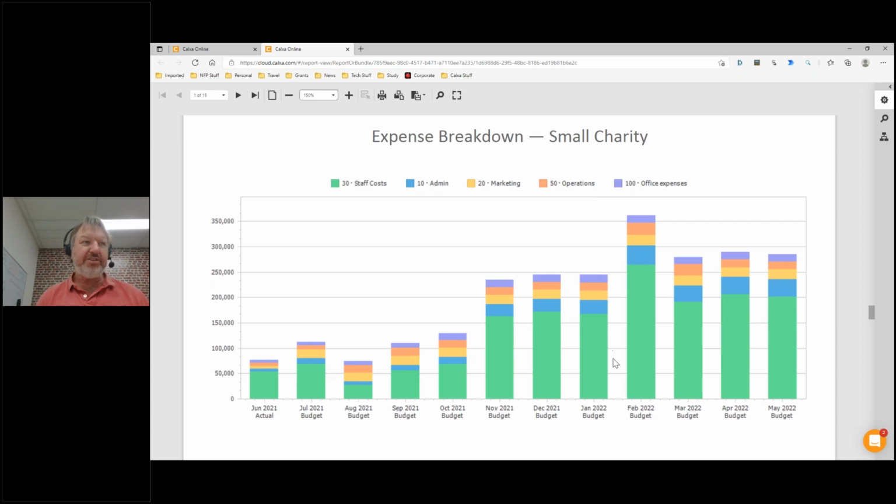So again, we can see that our main expense most months is staff costs, and then admin, and then it varies a little bit between whether operations are more than marketing, and there's a bit there for office expenses, which tends to be fairly consistent from one month to the next. So it's about presenting that information and trying to make it readable, understandable to your audience.